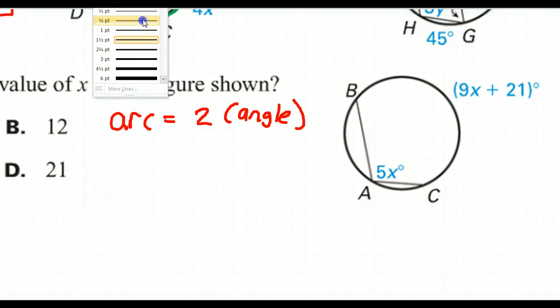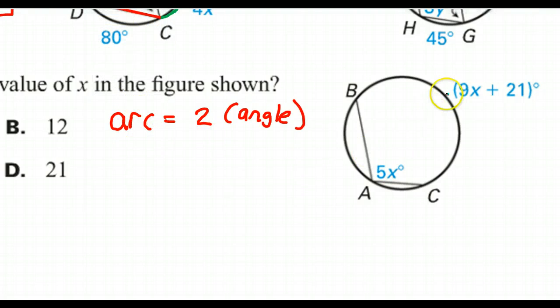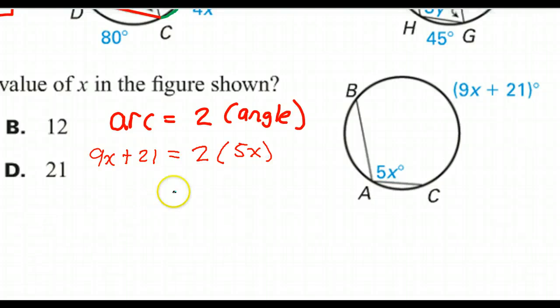So I'm just going to substitute these expressions in and solve the equation. I'm going to make this a little smaller though. So the arc is 9x plus 21. So 9x plus 21 should equal double the angle. So double 5x. Understanding that was the hard part.